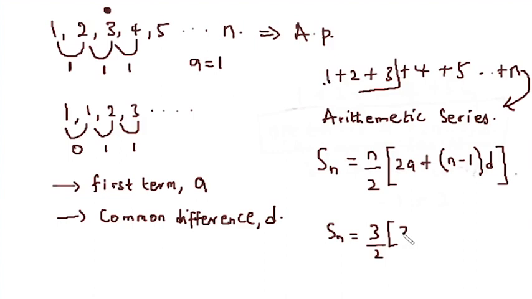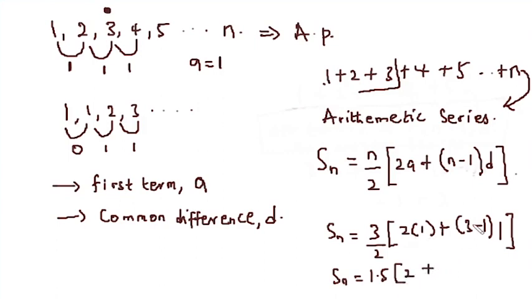Our first term is 1, so this is 2 open bracket 1 plus, the third term being 3 minus 1, and then the common difference is 1. So the sum is 3 divided by 2, which is 1.5, open bracket 2 times 1 is 2, plus 3 minus 1 is 2, times 1, which is still 2.